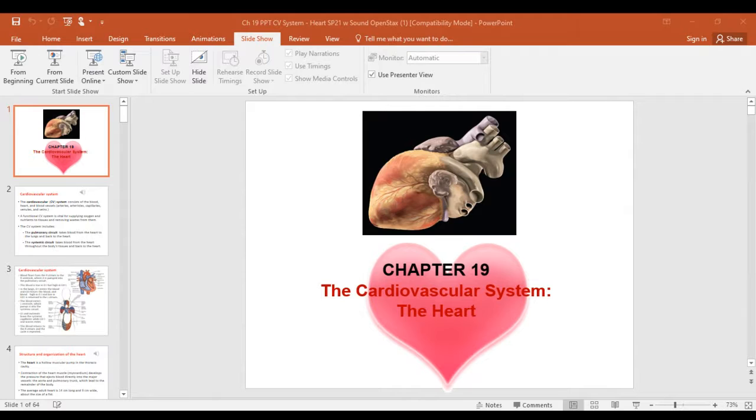Physical fitness can affect heart rate, especially in endurance athletes, people who run marathons or do a lot of swimming or long distance bicycling. Their resting heart rate will decrease. I've had this myself.